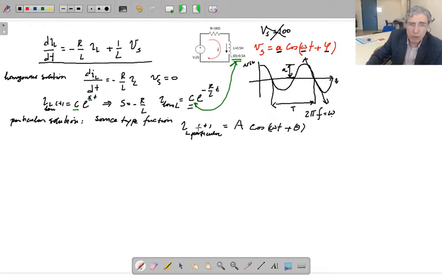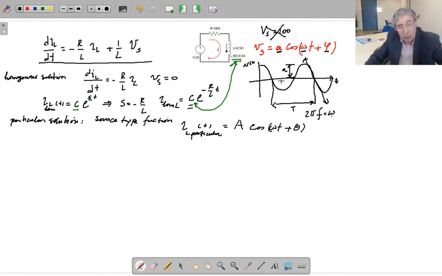This particular solution is the same type as the source function. The magnitude is different. In the source it is small a, in the solution it is capital A. Cosine function, it's a sinusoidal function.